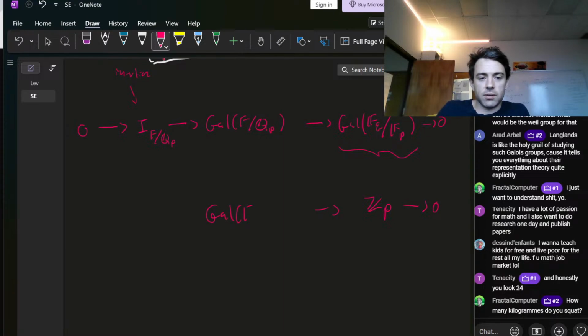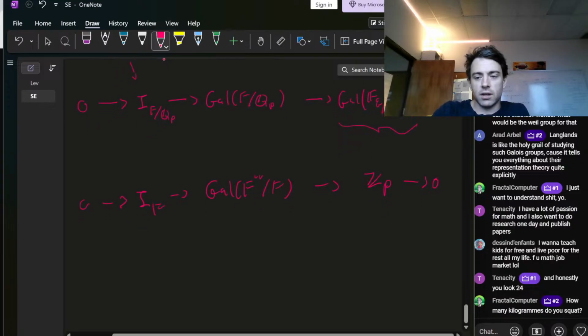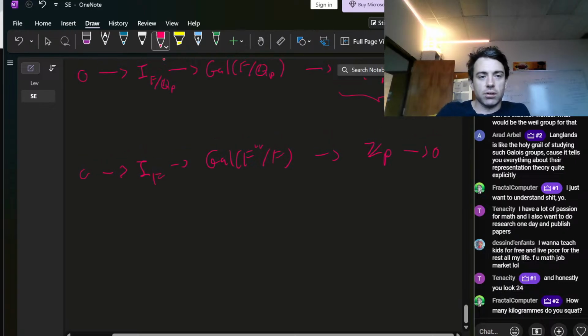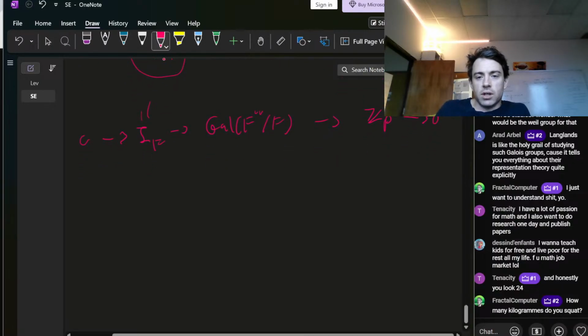This is like the limit of the unramified extensions, and you get I_F. This is the limit of these inertia groups, and there's a copy of the integers in here.